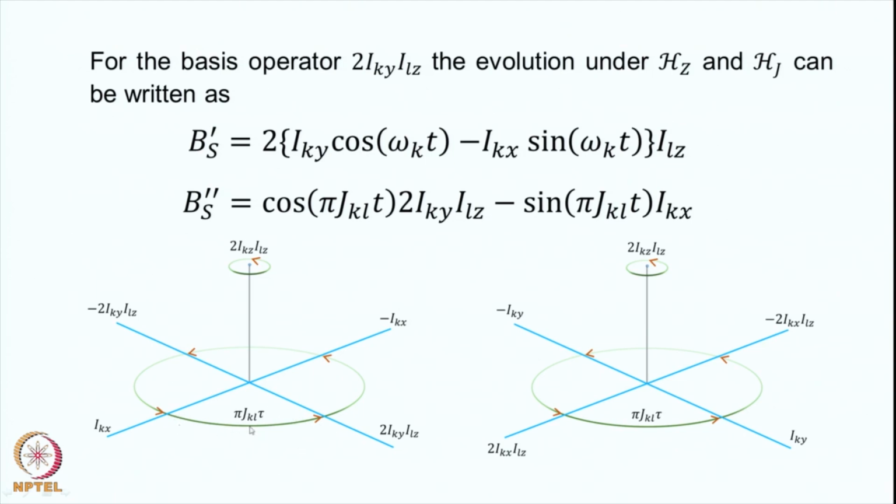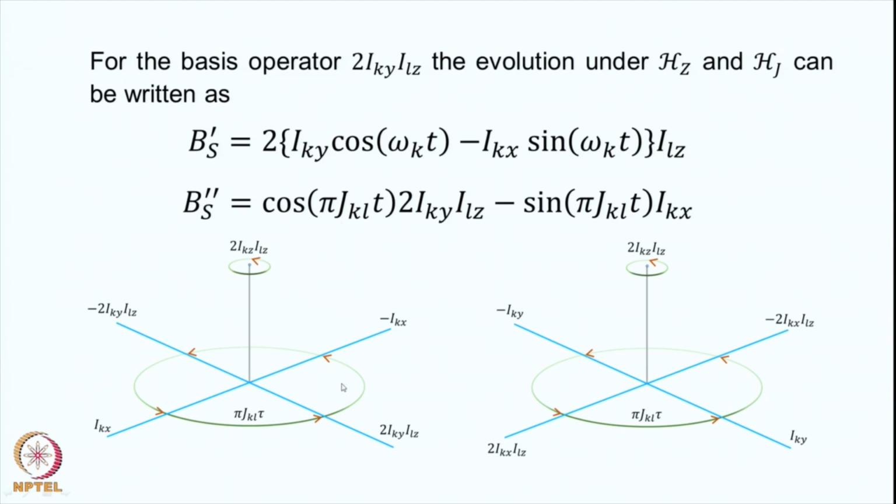Suppose it has rotated up till here, then you generate IKX cosine pi jkl tau and 2 IKY ILZ sine pi jkl tau. And if we were to continue this rotation under the influence of the same Hamiltonian, this vector has moved over here, so you get 2 IKY ILZ cosine pi jkl tau as it is here.